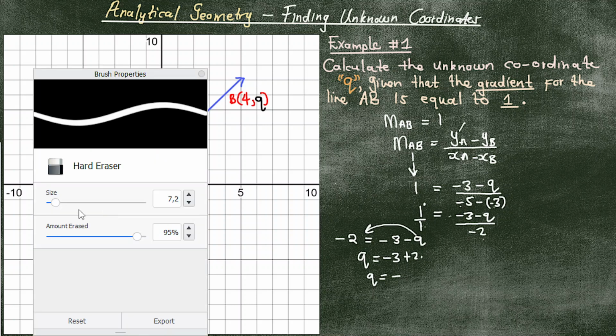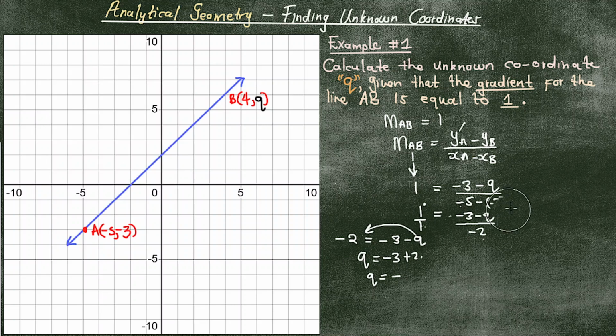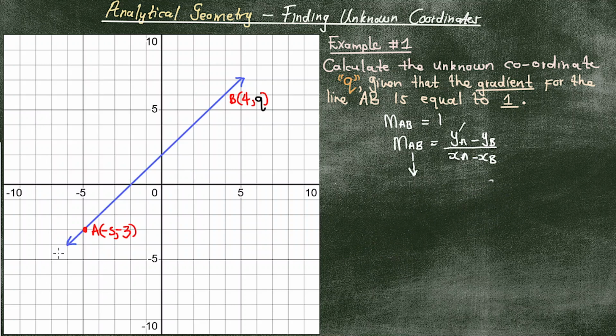Okay, let's erase this. So it's 1. 1 is equal to YA, which is minus 3 minus Q, over XA, which is minus 5, minus XB, that's 4.